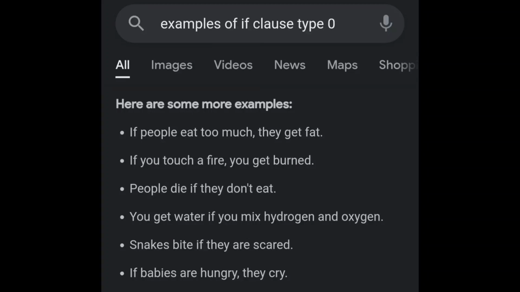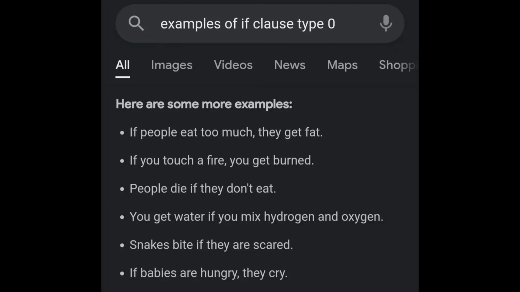Alright, so to recap if clause type 0, first, both the if clause and the main clause use the present tense. Second, it is usually used to tell general truths or something that can be proven from a logical standpoint. Third, this type of if clause, precisely type 0, is the only if clause where the word if can be changed to when to describe a certain situation in the sentence.